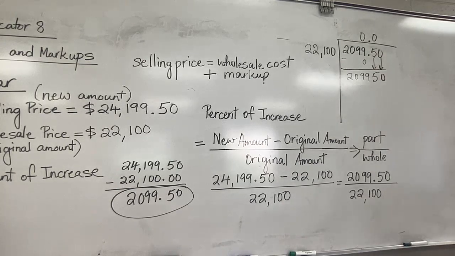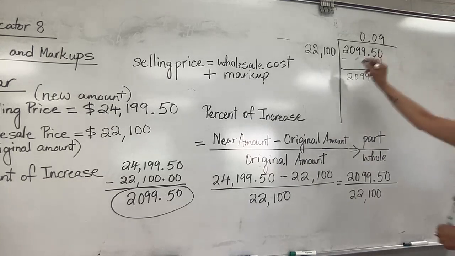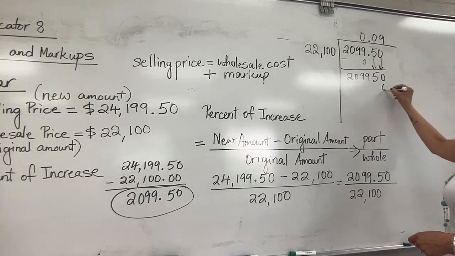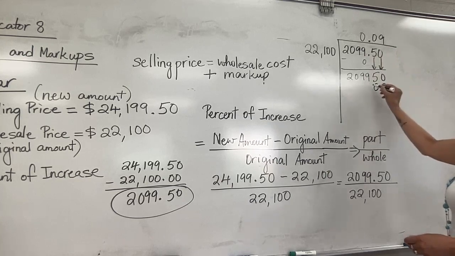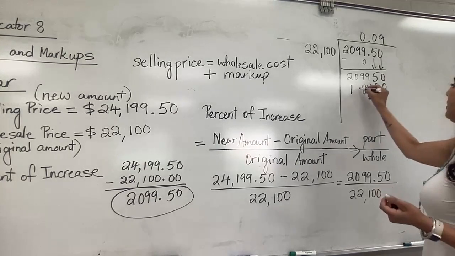Now I have this number times 9. 9 times 0 is 0, 9 times 1 is 9, 9 times 2 is 18, and 9 times 2 is 18 plus 1, and I get 19.